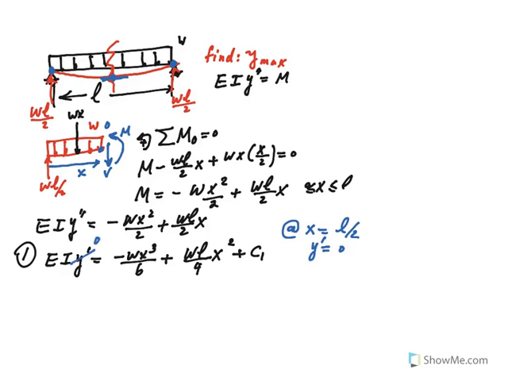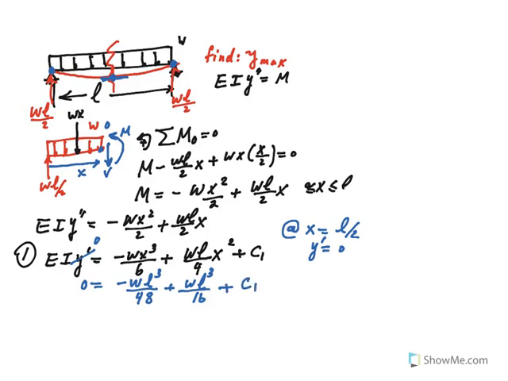So if we set this equal to 0 at x equals L/2, we end up getting minus WL³/48, and then WL³/16, I believe, also L³, right? Let me erase this guy here. All right, and plus C1.